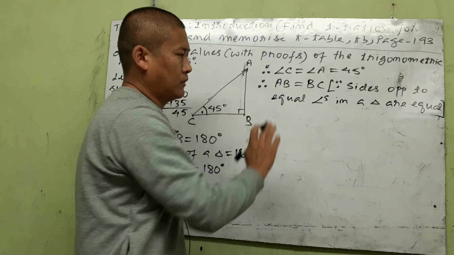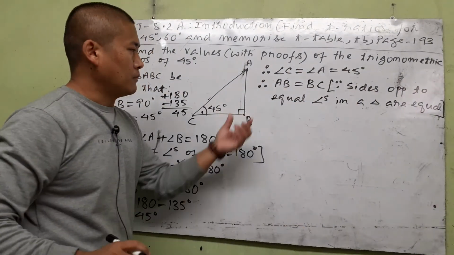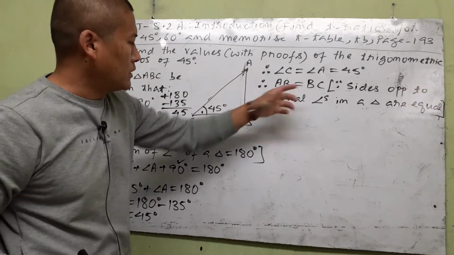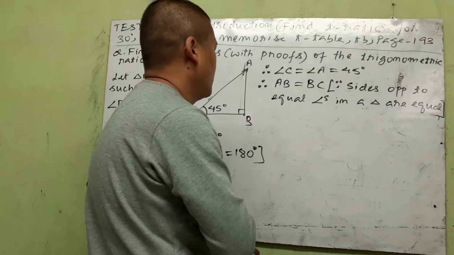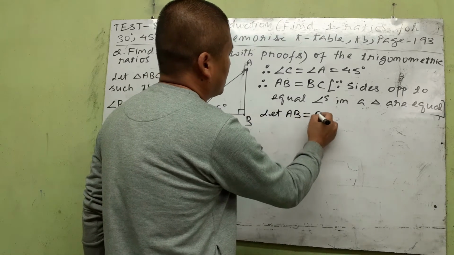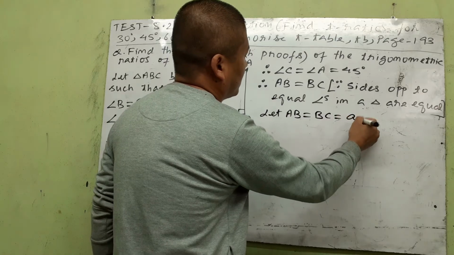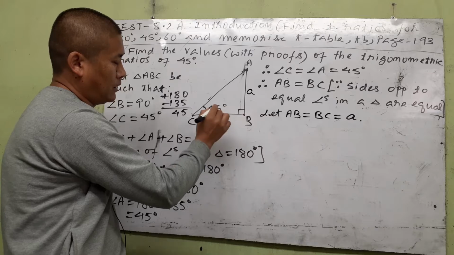The two angles are equal, so the sides opposite to them will be equal in length. So something like AB is 5 centimeter, then BC also will be 5, right? So the two sides are equal. Let AB equal to BC equal to A units.